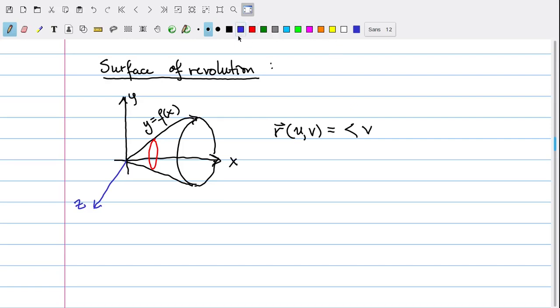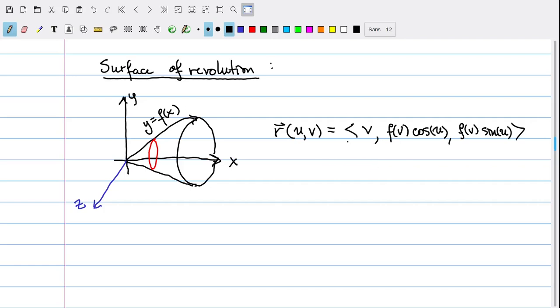But in the yz plane, I'm going to be generating a circle of radius f of x. And to do that, of course, I can use sines and cosines. So I can just do x, which is v, so it's going to be f of v cosine of u, and f of v sine of u.